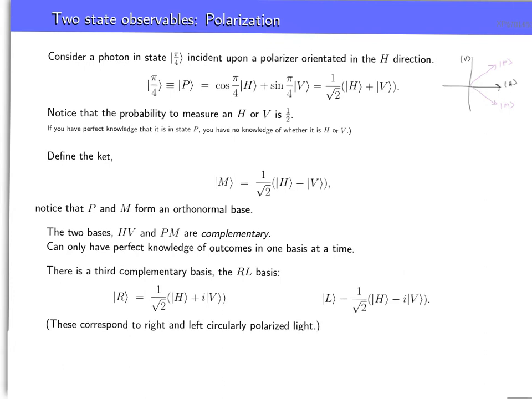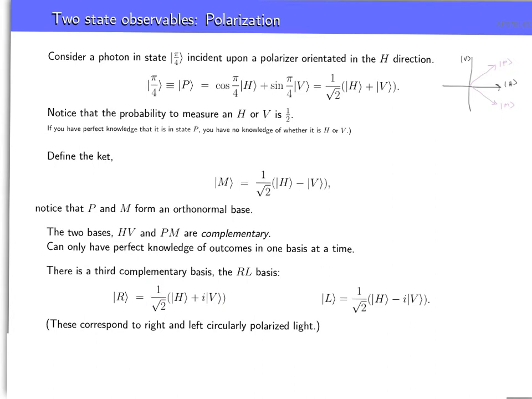And the bases here takes the following form, where notice now we have an i involved here. So now you can quickly check that these two are orthogonal to each other, they're normalized. And the other thing to check is that for example, if I know exactly what it is in the H bases, say I start with an H, I have no idea what it is in the R and vice versa. So it's definitely complementary to the HV bases.